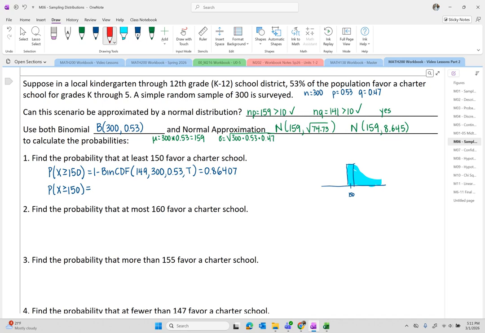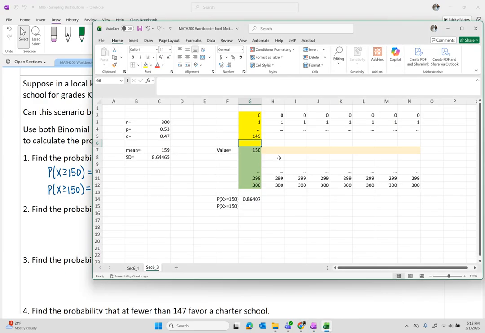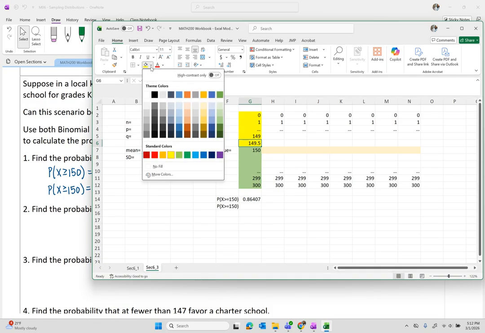But that means that I want this number to not be 150 but to be 149.5. So I need to know the border of that rectangle to the left. And the border of that rectangle to the left is equal to this number minus 0.5. And I want this to be included in the probability.